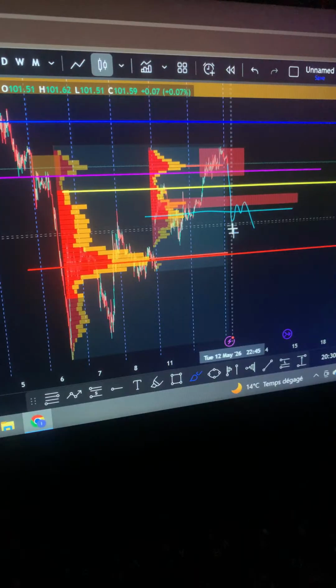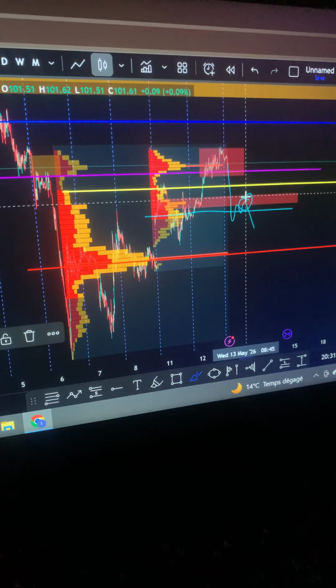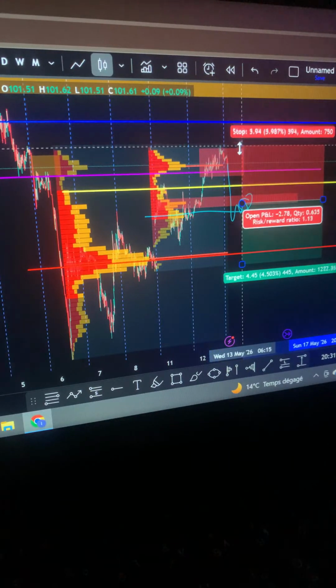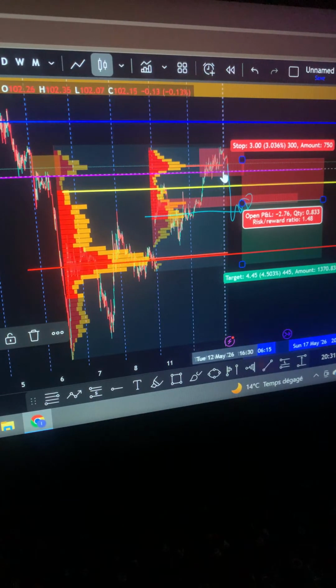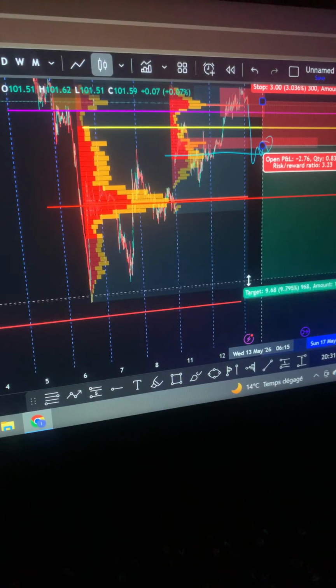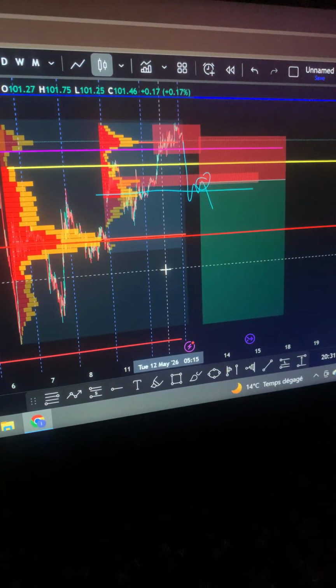So it will come to retest it, and then I'm going to sell right there, and my stop loss will be where these guys are trapped, targeting the previous lows, which are these equal lows. So this is my idea on oil. I don't see anything right now, just a consolidation in the lower time frame.